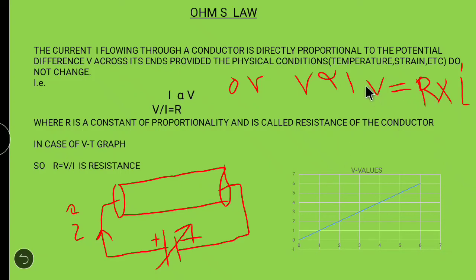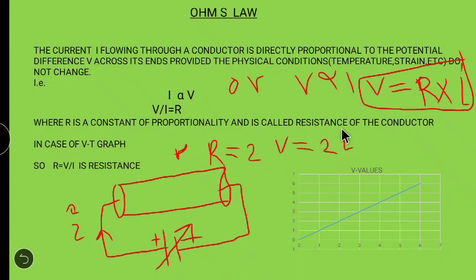Students, if you will draw the graph of this equation, you will get a straight line. Let me explain. Let R is equal to 2 ohm. So you will get V is equal to 2I.